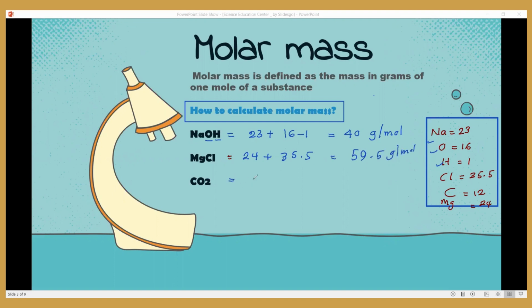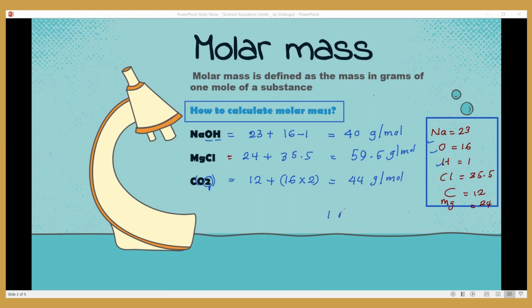And carbon dioxide: carbon 12, oxygen 16, but we have 2 oxygens, so I have to add another 16, or simply multiply it by 2. If we have 3, we have to multiply it by 3. This will be 44 gram per mole.